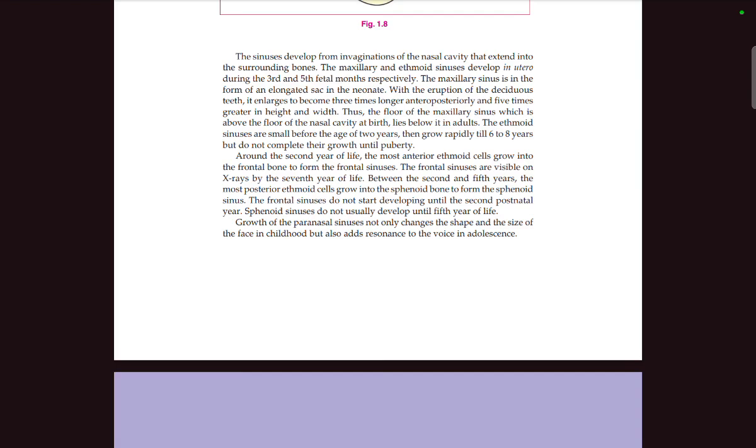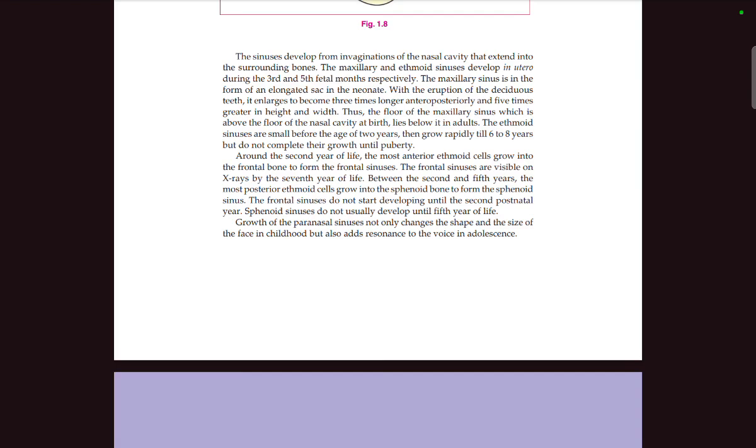The frontal sinuses are visible on X-rays by the 7th year of life. Between the 2nd and 5th years, the most posterior ethmoid cells grow into the sphenoid bone to form the sphenoid sinus. The frontal sinuses do not start developing until the 2nd postnatal year. Sphenoid sinuses do not usually develop until the 5th year of life.